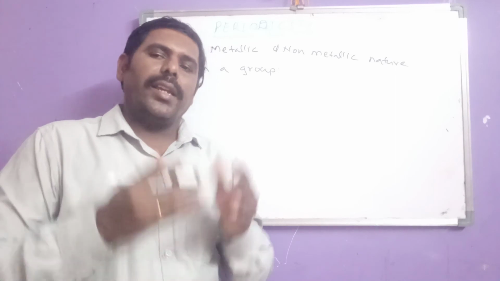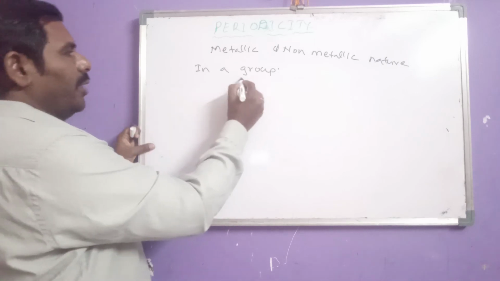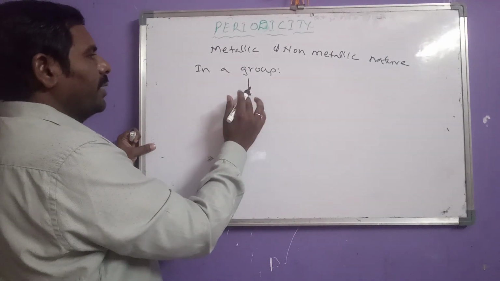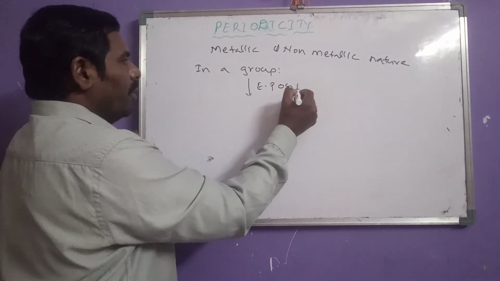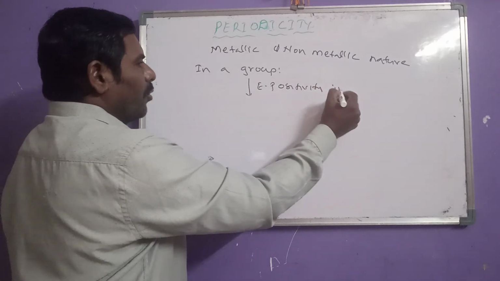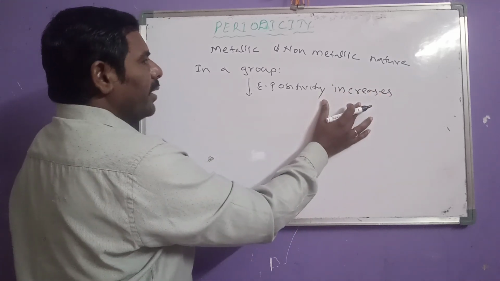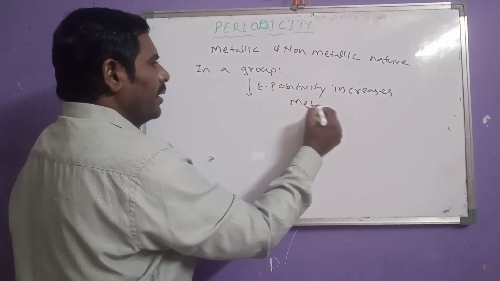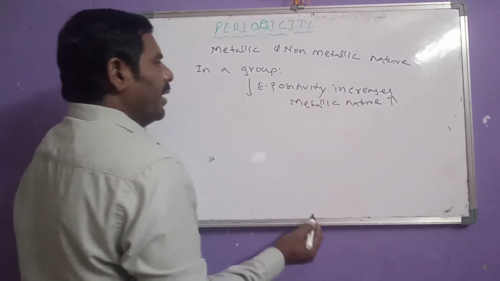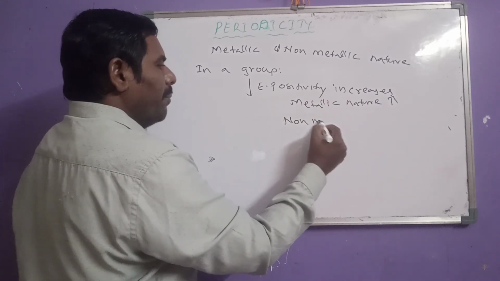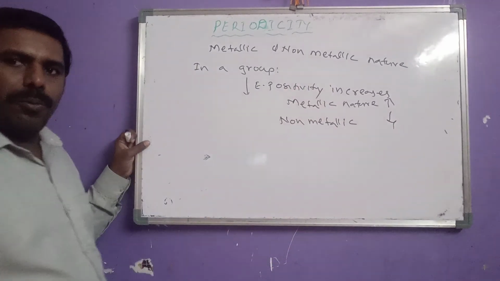And we know that in a group from top to bottom, electropositivity value increases. As electropositivity increases, metallic nature also increases, but non-metallic nature decreases in a group from top to bottom.